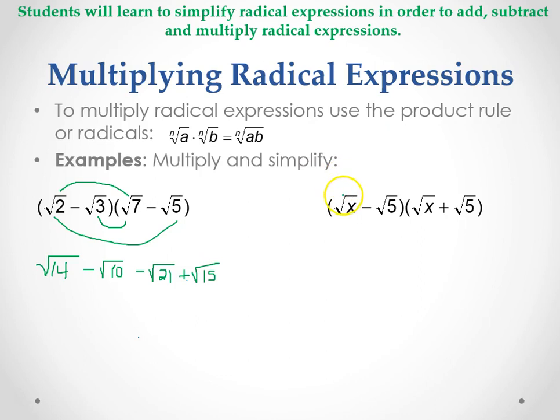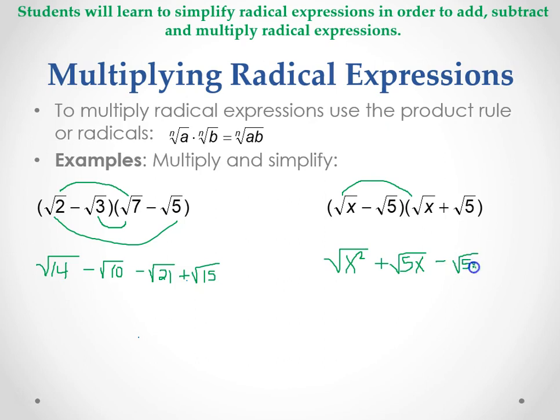Here, we're going to multiply again. FOIL again. So we've got the square root of x times the square root of x, which is the square root of x squared. So then we have the square root of x times positive square root of 5, which is the positive square root of 5x. So then we've got negative square root of 5 times x is negative square root of 5x.